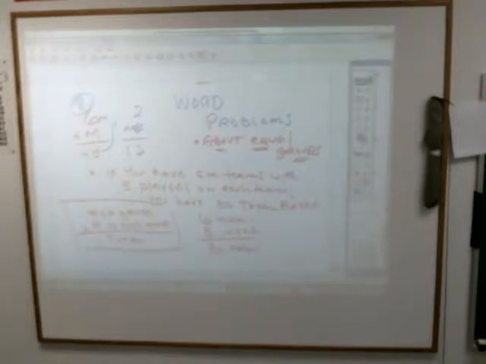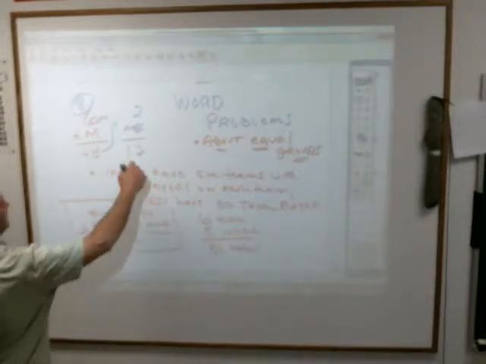So let's write this one down here. Let's see. There are 4 classes. I don't know. Here we go. This one. Oh, I can't even do that. Oh yeah, I can.